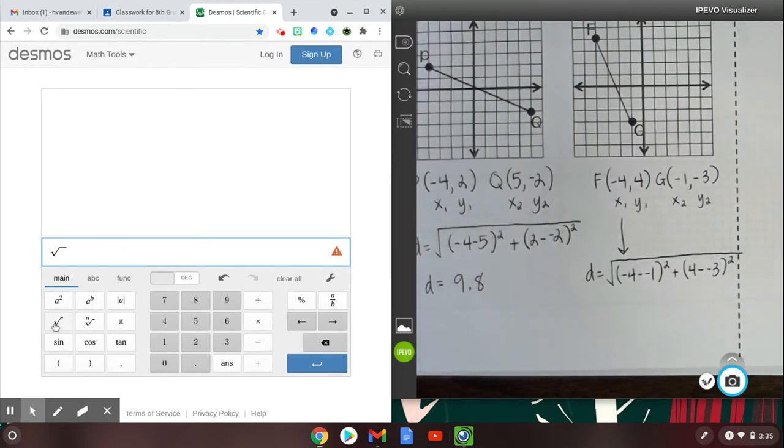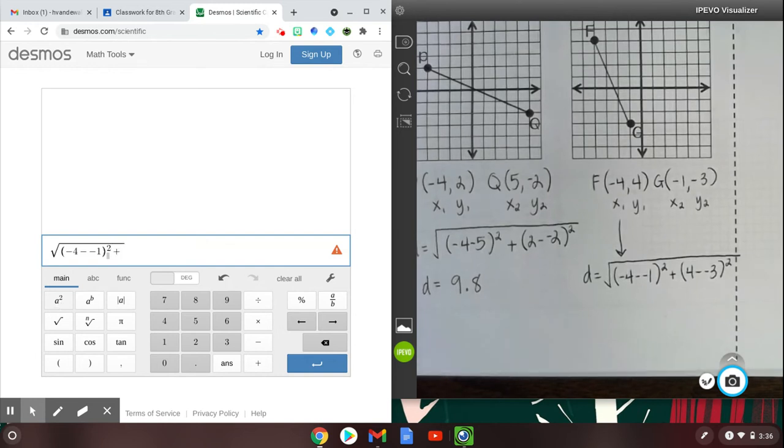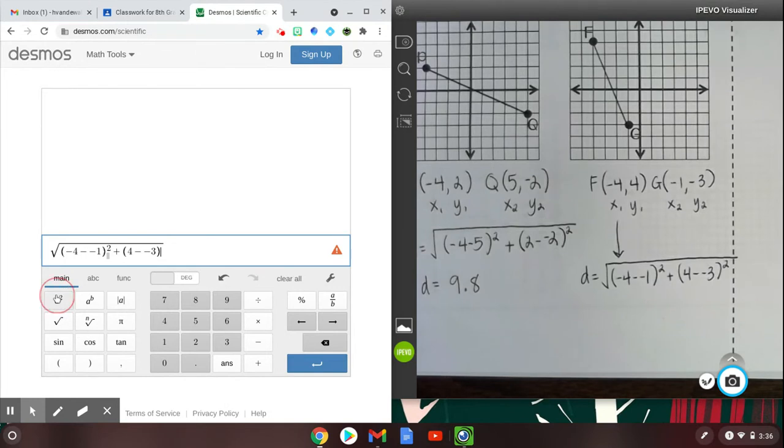So big square root bar, -4 minus -1. Whoops. Squared. And then I have plus 4 minus a -3. Squared.